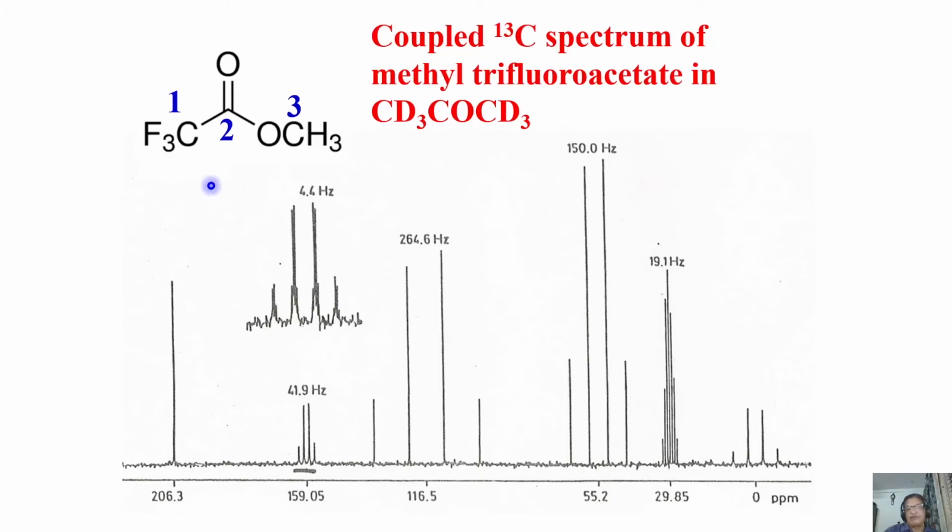In the previous example we saw this carbon coming somewhere around 110 to 120 ppm because it is attached to fluorine atoms. Three fluorine atoms are directly bonded to carbon. As a consequence, the CF3 carbon comes very much downfield here. Also, we saw in the previous example that the carbon-fluorine one-bond J coupling was sufficiently large.